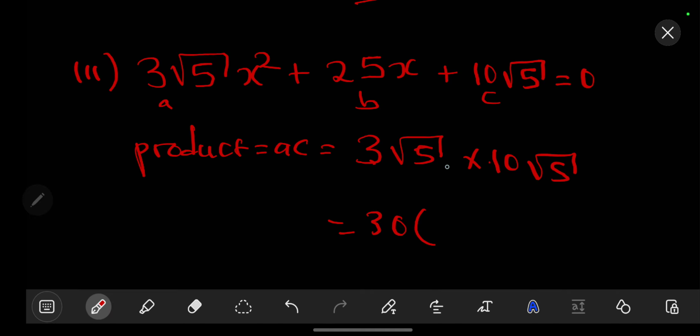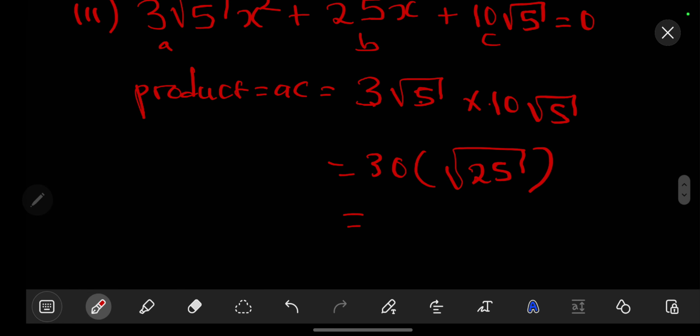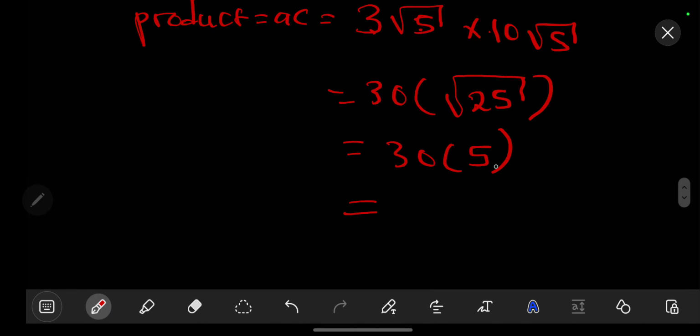Then we have the square root of 5 times square root of 5. That's the same as take the square root of 5 times 5, it will give you 25. Taking the positive, we have 30 times the square root of 25, which is 5. 30 times 5 will give you 150. So this is our product.